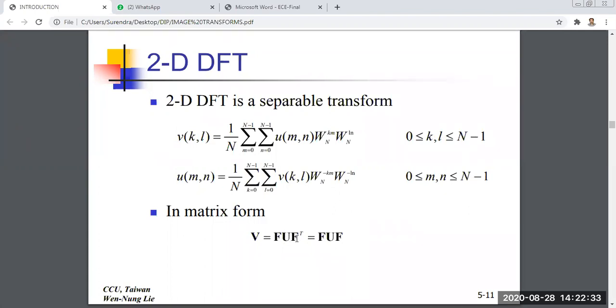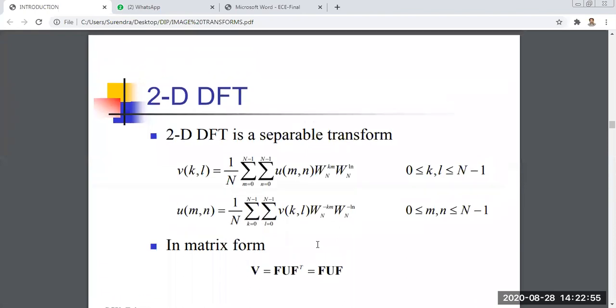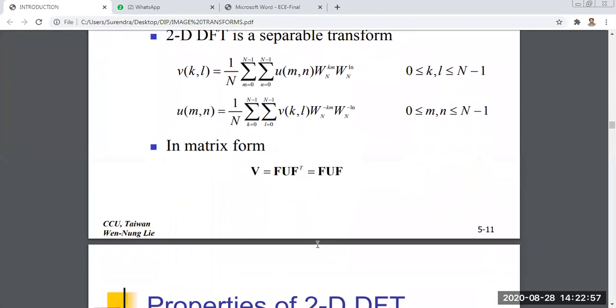What is V? Output image. U is time domain, V is frequency domain. However, you are getting your frequency domain in two dimensions, in matrix form, as in your previous one. It is two dimensional.